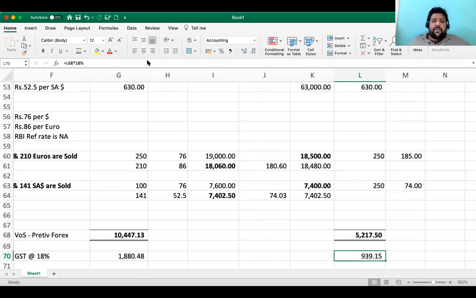If you go by RBI reference rate, your value of supply is 10,447. If you go by the percentage method, the formula method, the value of supply is 5217. Any prudent businessman will go only by 5217 because the value of supply is less here and the final tax payable is less here.